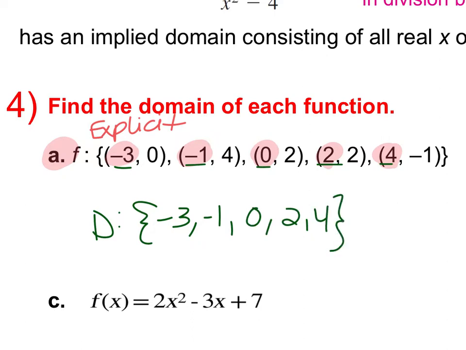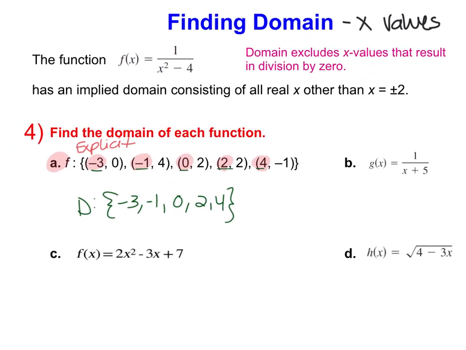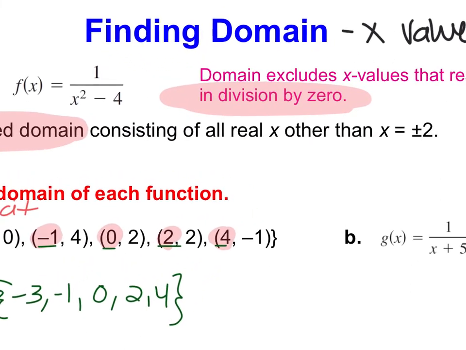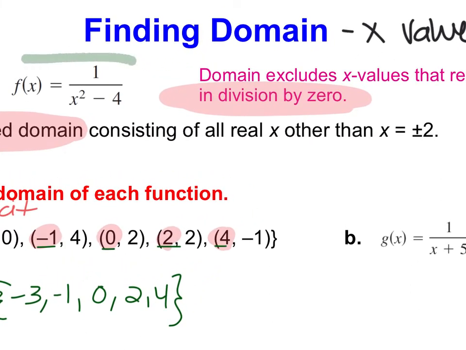Now the other three are what we call implied domains. What that means is it's all real numbers. It's any x value unless there is a denominator, the division by 0. For the example they give us here, what's important when you're looking at the domain is your denominator. This cannot be 0.